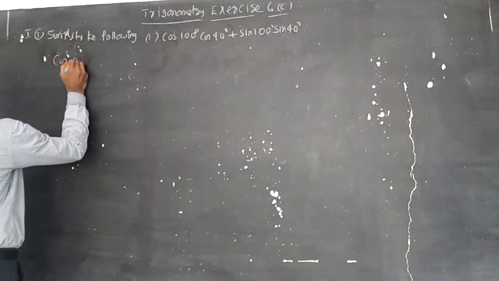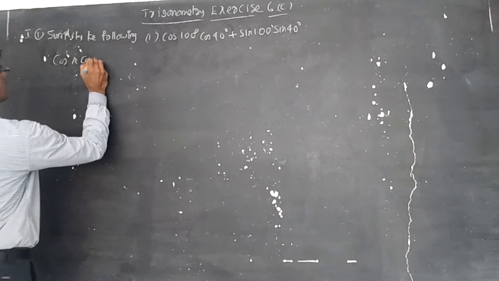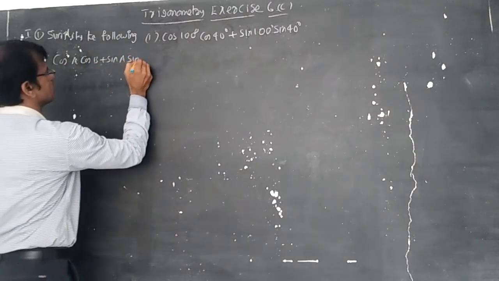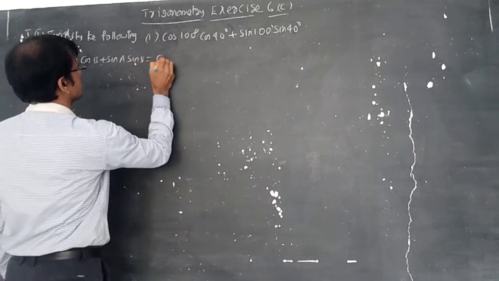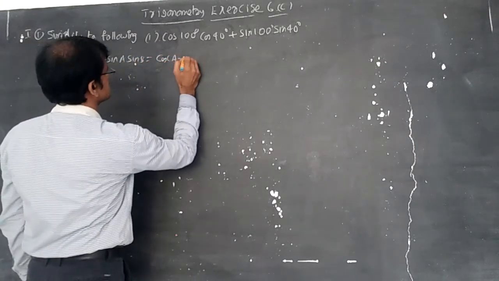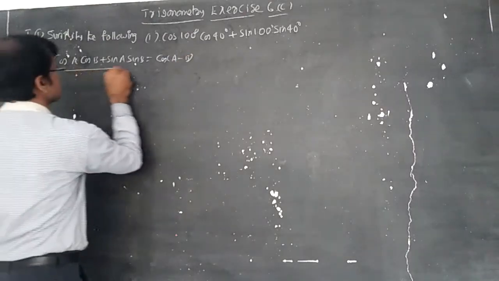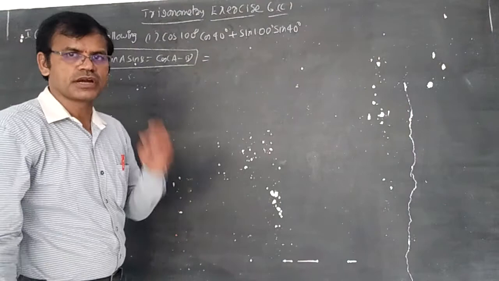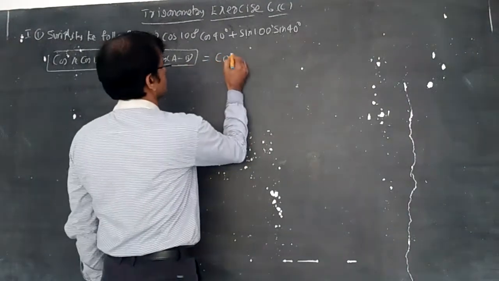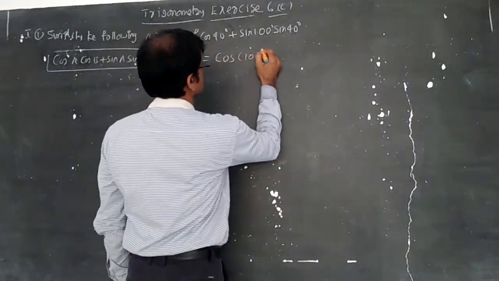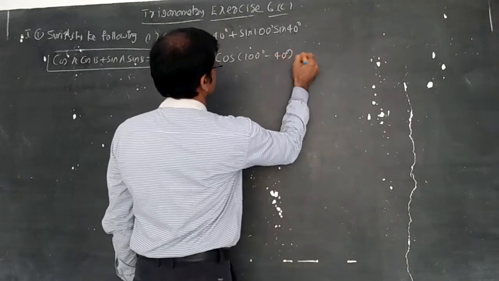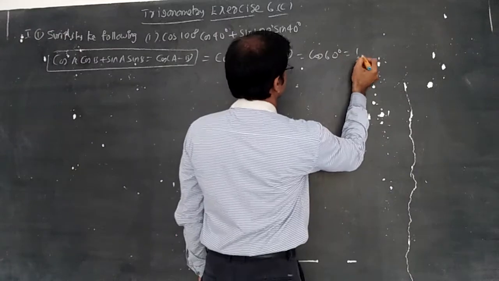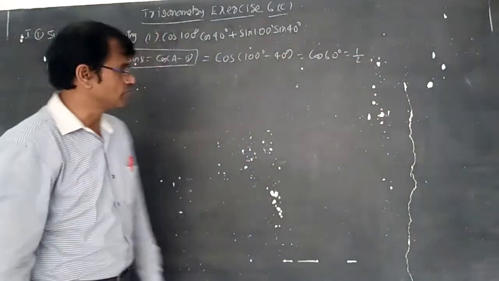Use the formula cos A cos B plus sin A sin B, which is equal to cos of A minus B. So here A is equal to 100 and B is equal to 40. You can understand this as cos of 100 degrees minus 40 degrees. That is cos 60 degrees. Cos 60 value is 1 by 2.